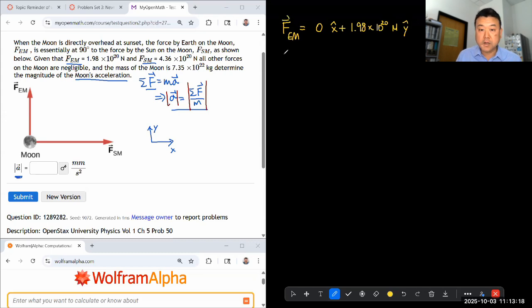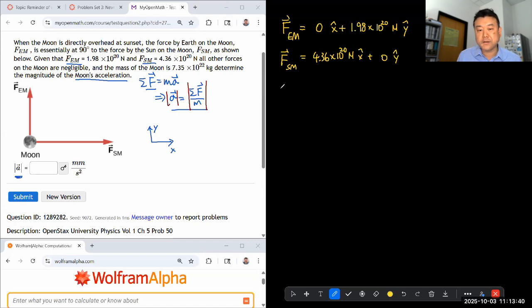And the force by the sun on the moon, F_SM, is only in the x direction, the way the axes are defined here. And that's 4.36 times 10 to the 20 newtons x hat plus 0 y hat.